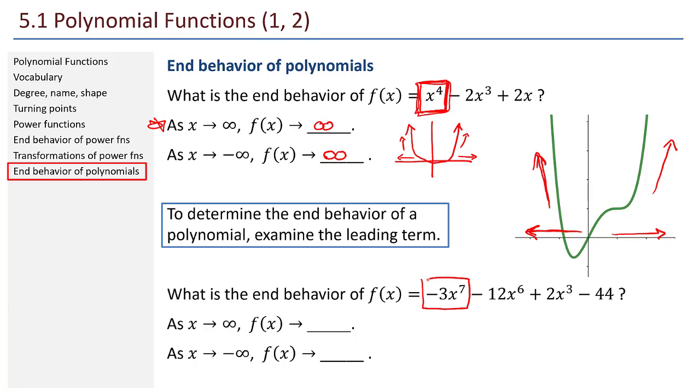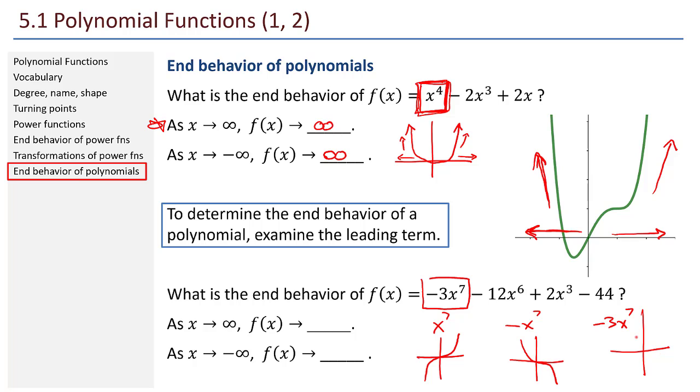What does that look like? Well, I first think about x to the 7. X to the 7 looks like that. And 3x to the 7, we'll just sort of expand it up, we'll stretch it vertically. Negative x to the 7 will flip that over, like that. And so negative 3x to the 7 just stretches that vertically.